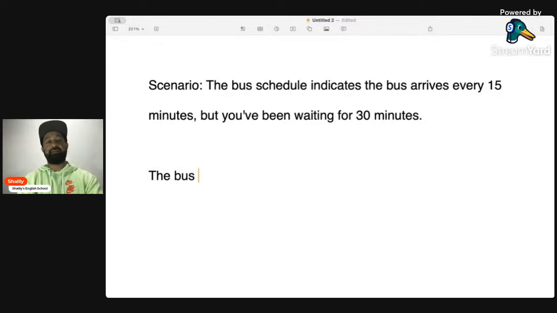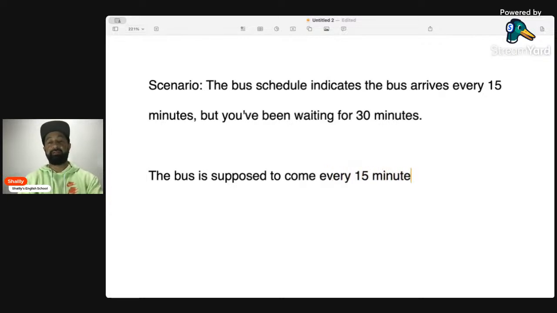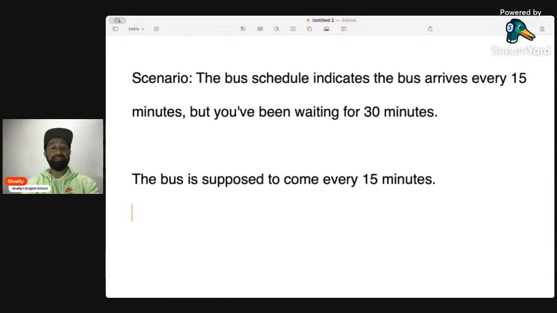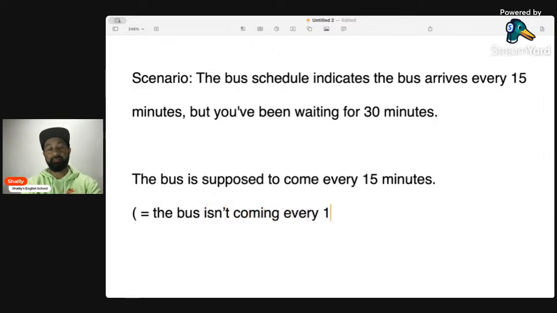I can say, the bus is supposed to come every 15 minutes. What does this mean? This means the bus didn't come or isn't coming every 15 minutes.